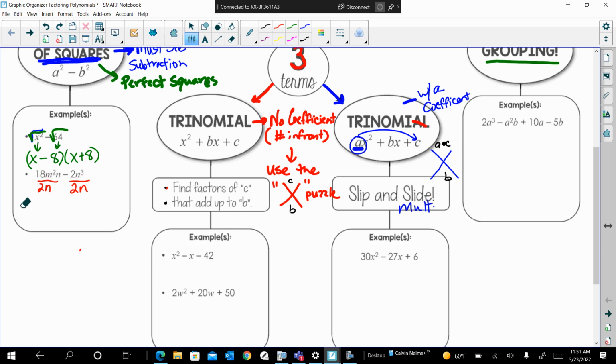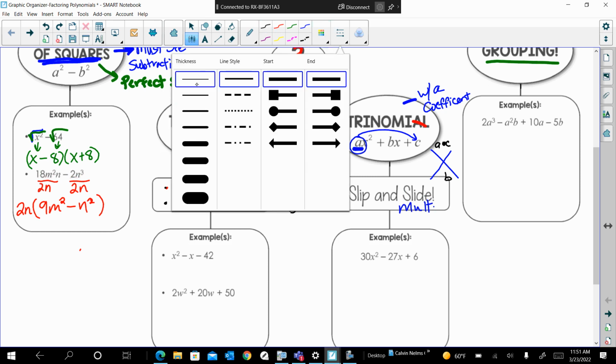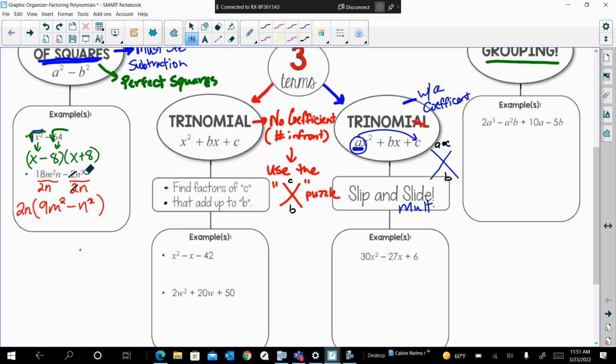Write this on your notes on your paper. That's going to be outside the parentheses, and you're going to be left with 9m squared minus n squared. Okay, because the 2's would end up canceling, and you're just subtracting 3 minus 1, that gives you 2.